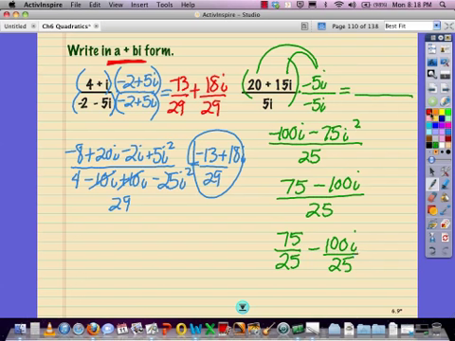So when we finish, start thinking, okay, 75 over 25, there's a whole number, 3 over 1. 25 into 100, again, another nice whole number. But after you reduce, you still must leave it separated in a plus bi form. So our final answer should be 3 minus 4i. If you want to put that over 1, you can, but it's not necessary. So our complex number, after we divide, is 3 minus 4i.